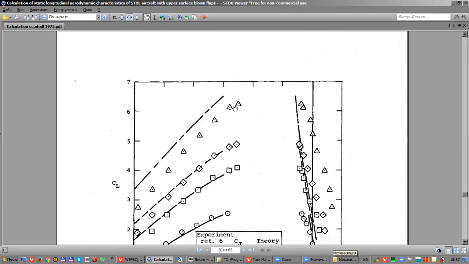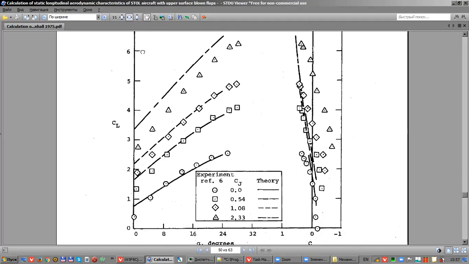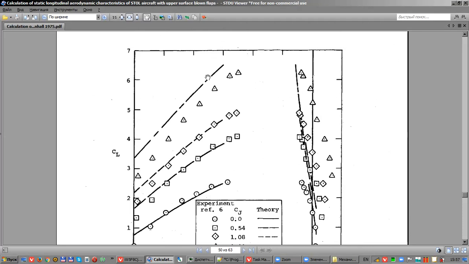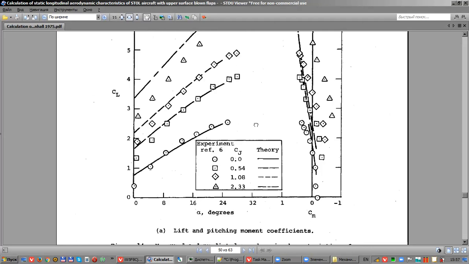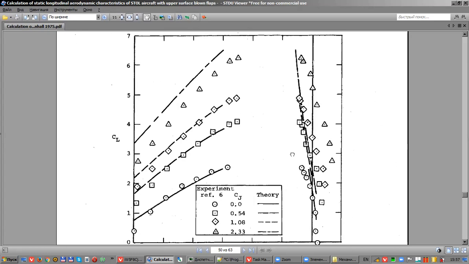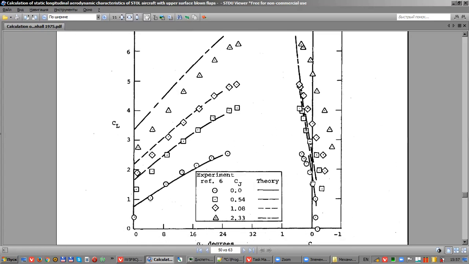So we have an experimental point for 6, yeah? Lift coefficient equals 6. And is this angle for the wing or for the flap? This is a USB model without tail, only wing and fuselage and engine, and the flap deflected at 30 degrees. And there are 4 different curves, yes?